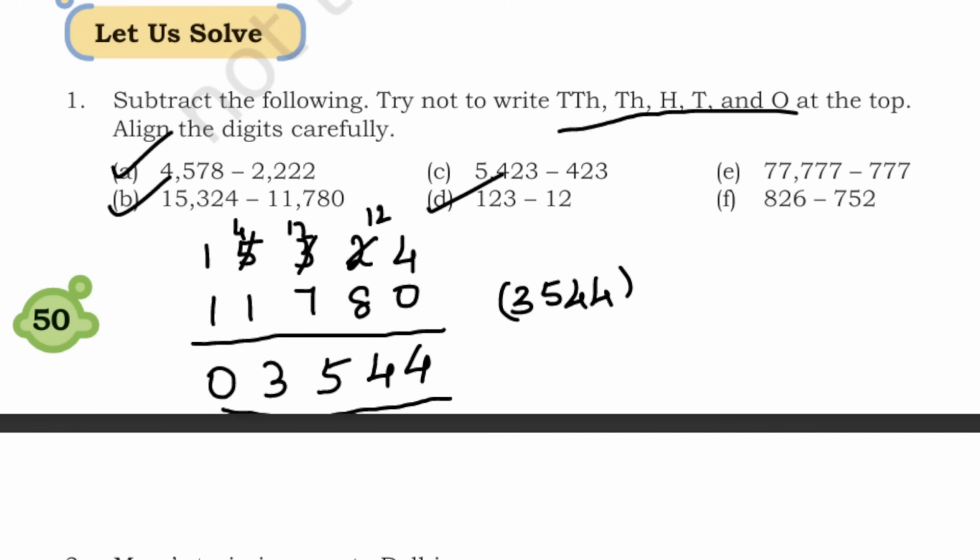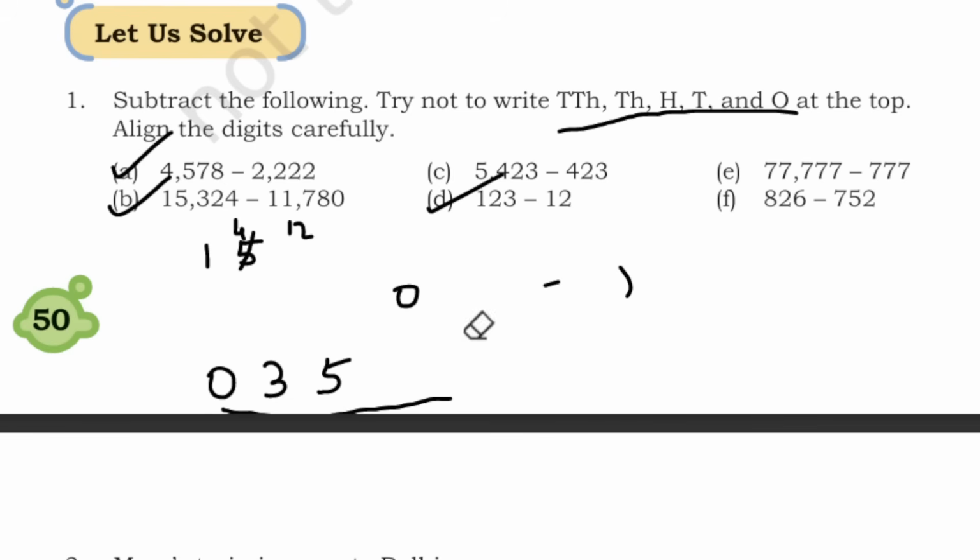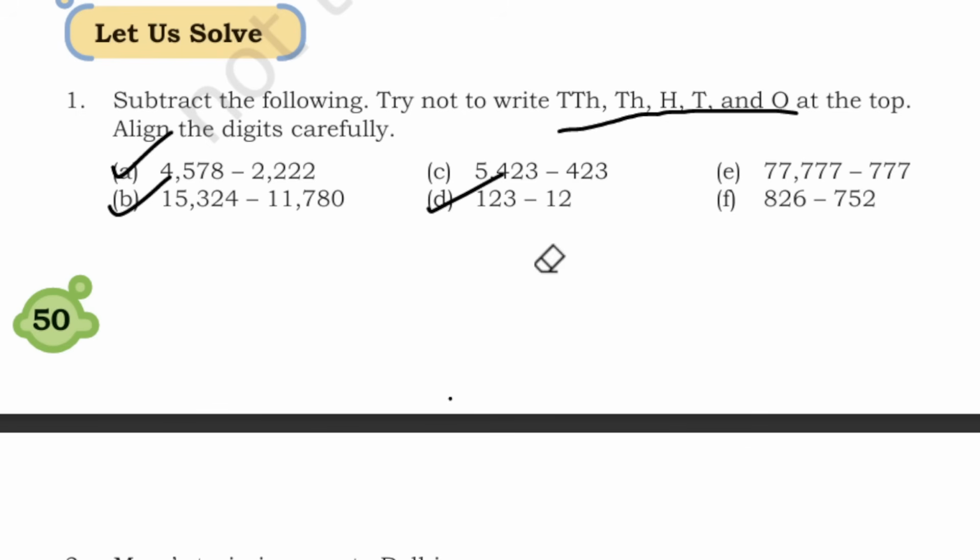Okay. So next I'll do a sum which is having different digits. Okay, let's take this 123. So 1, 2, 3. So now you're having only 12. So while placing 12, will you place here? Is this correct?